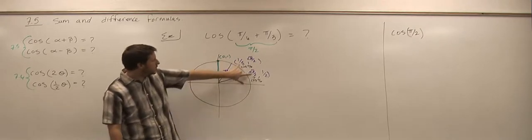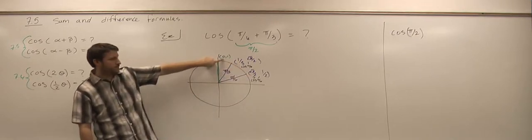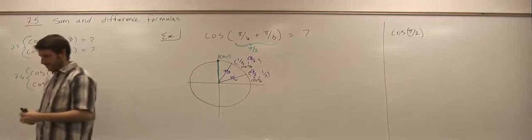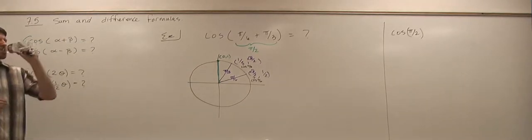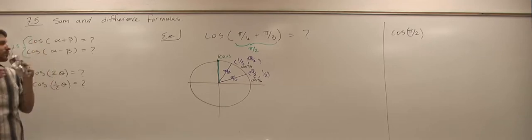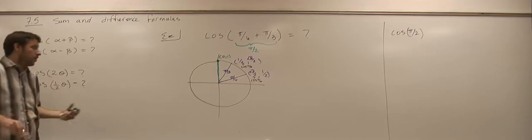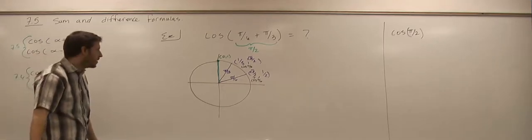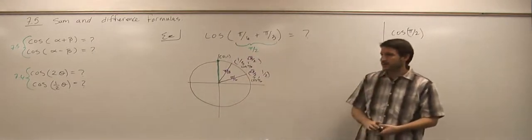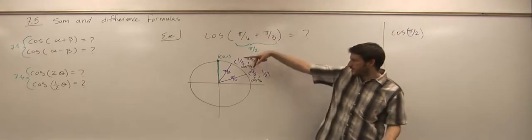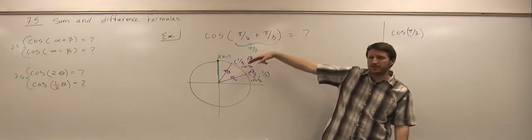Is there anything you can do with these two numbers to give you this number? Any combination? The only way you ever get 0 is if you subtract the same exact thing. And these aren't the same exact thing, so there's no way they're going to combine to 0.